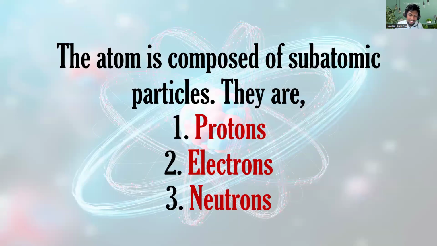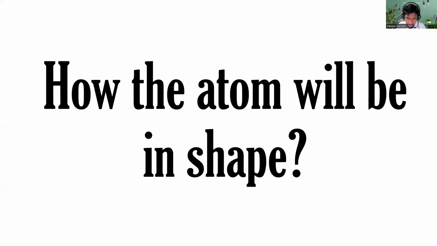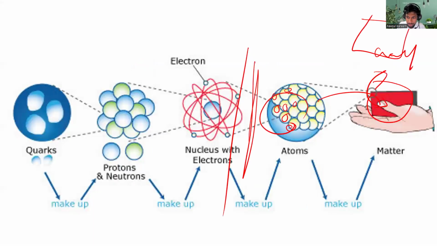But later they found another important thing. Inside the atom, listen very carefully, we have some other particles called subatomic particles. Here you can see the spelling. What do subatomic particles mean? In one of the previous images, the matter is made up of atoms.